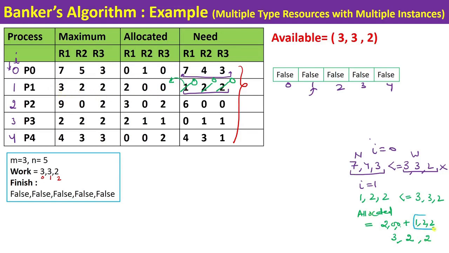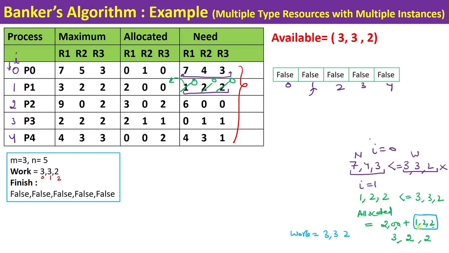Now after we have fulfilled this need, what will be the value of the work? That means how many resources are currently available with the computer system. Work was 3, 3, 2, right?